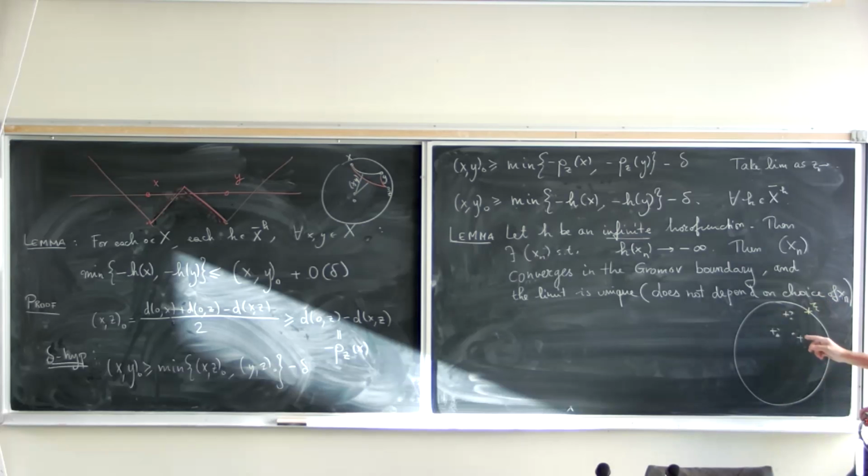Moreover, there is no actual choice involved here, meaning that if I pick another sequence, y1, y2, y3, that also has the property that h goes to negative infinity, it also converges to the same point. So this is kind of a miracle, I think, but it's true because of this lemma. So the setup somehow is very robust to these definitions.